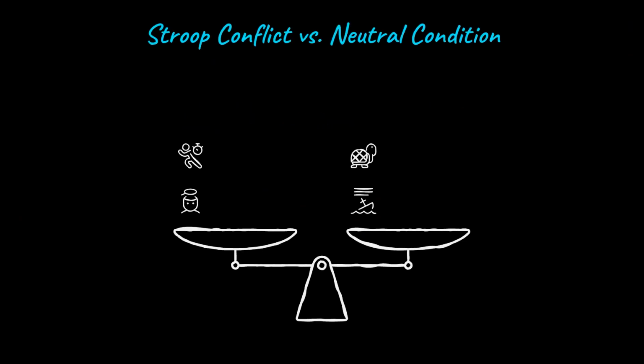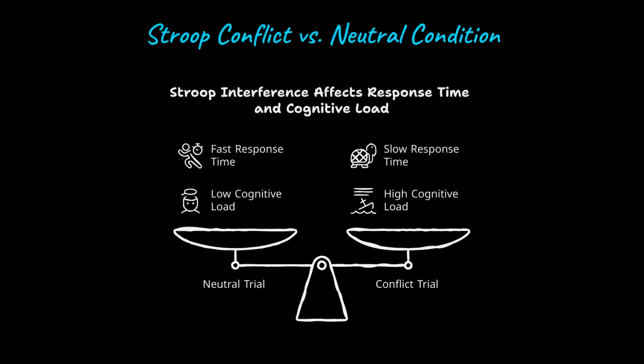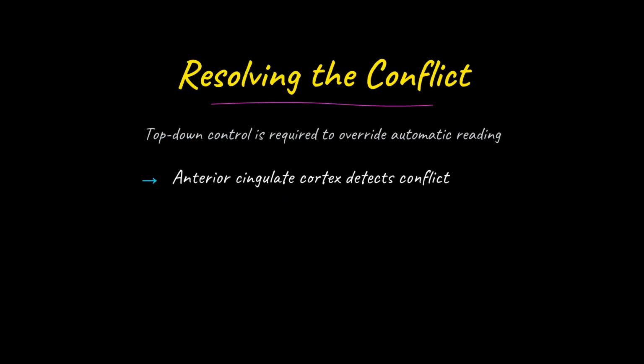In a neutral trial, a non-color word like table printed in blue causes no conflict. Participants respond quickly, but when the word blue appears in red ink, the automatic reading of blue competes directly with the correct answer, red, producing measurable slowdowns, often hundreds of milliseconds long. Resolving the conflict isn't free. It recruits brain regions like the anterior cingulate cortex and dorsolateral prefrontal cortex.